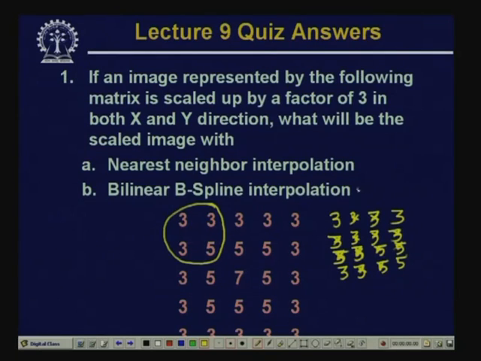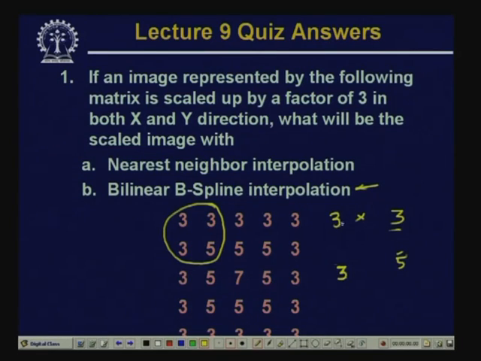If I go for bilinear interpolation, then when I want to fill up these blank locations, here I had the value of 3, here I had the value 5. Whenever I want to fill up a particular blank location, I have to take a linear combination of this pixel and this pixel.